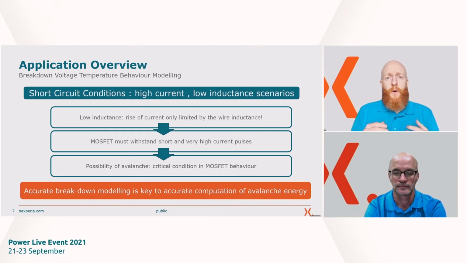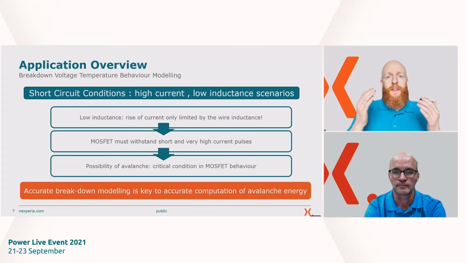And taking this one step further, we could apply the same case to much higher power systems where we might be paralleling MOSFETs. So if you had two MOSFETs in parallel, but due to natural production variation, they might have slightly different breakdown voltages. Now, in this instance, you've got one MOSFET with a lower breakdown voltage and one with a higher.